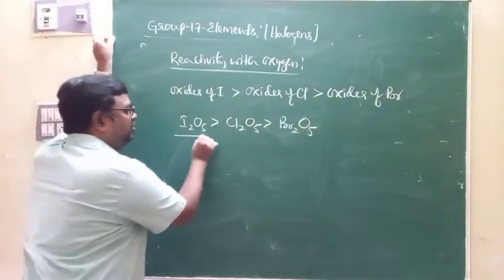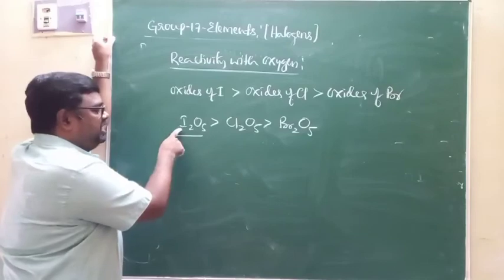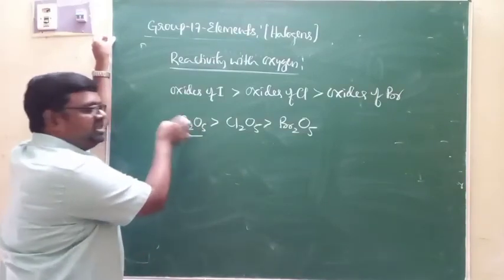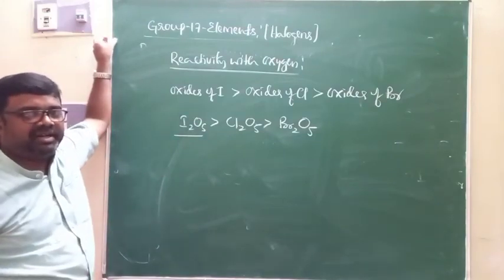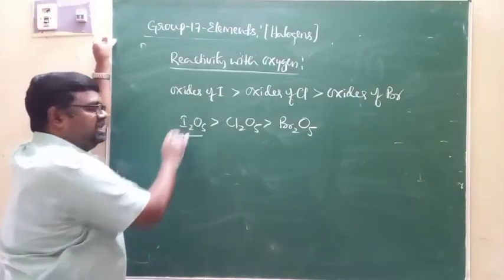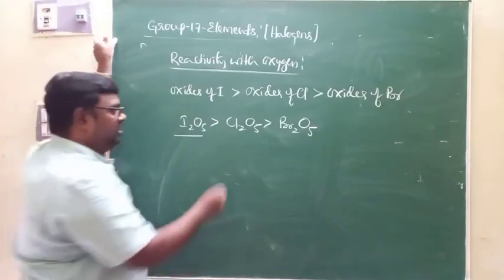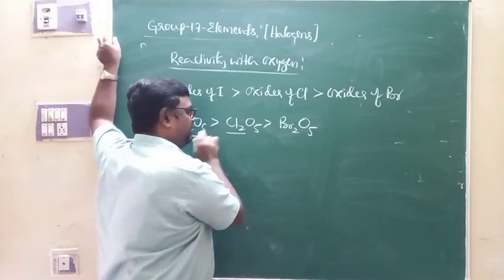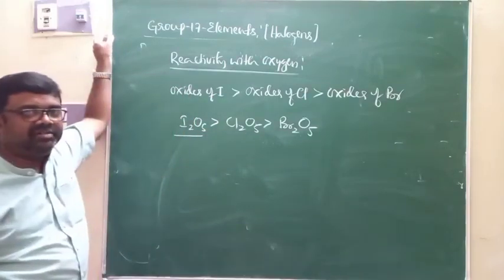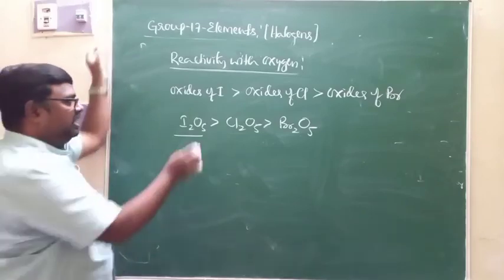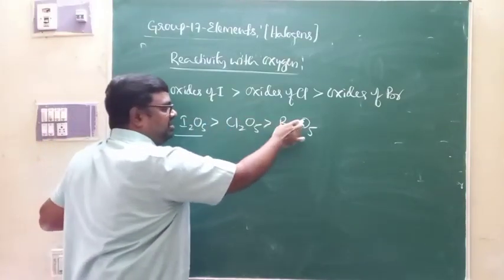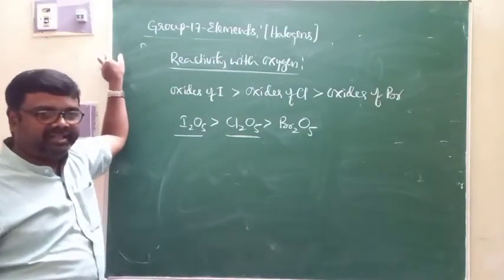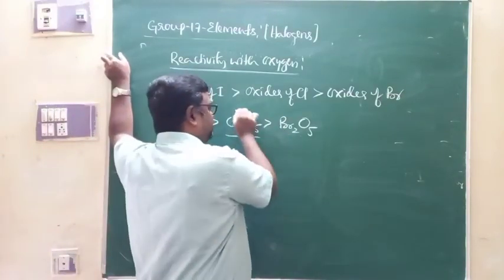ಯಾಕಪ್ಪ I2O5 ತುಂಬಾ ಸ್ಟೇಬಲ್ ಅಂದ್ರೆ, iodine is least electronegative, oxygen is highly electronegative. ಹಾಗಾಗಿ electronegativity difference is large, force of attraction will be strong, and the molecule is highly stable. ಜೊತೆಗೆ electronegativity increases from iodine to bromine, and of course electronegativity difference decreases. ಹೌದಾ? ಇಲ್ಲಿ electronegativity difference ಜಾಸ್ತಿ ಇದೆ, ಇವೆರಡರಲ್ಲಿ ಕಡಿಮೆ ಇದೆ. ಜೊತೆಗೆ chlorine has got high tendency to undergo multiple bonding compared to bromine because of its very small size.